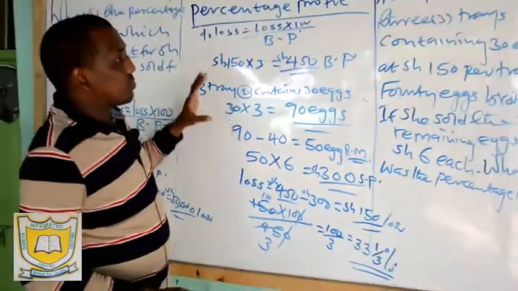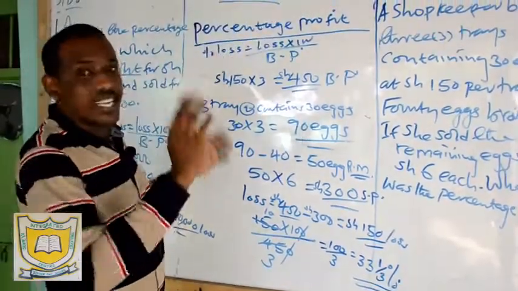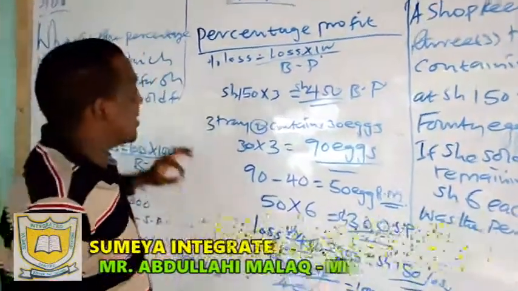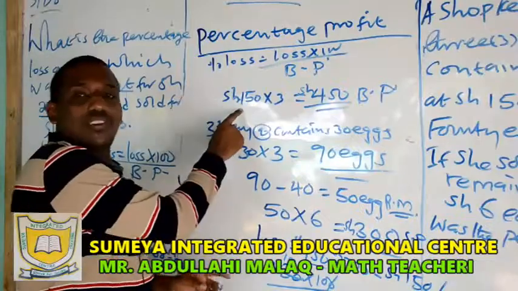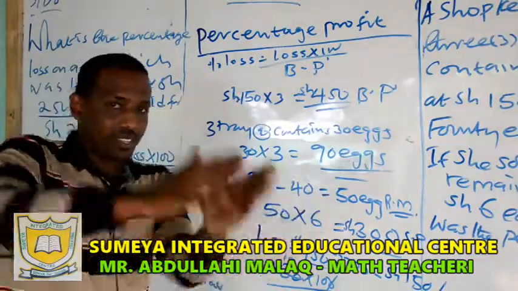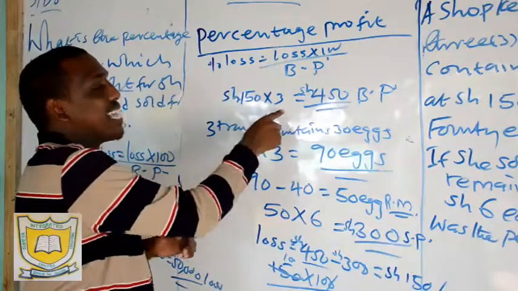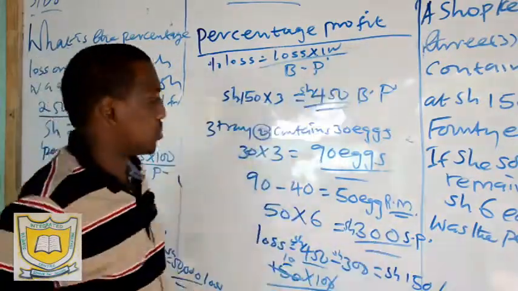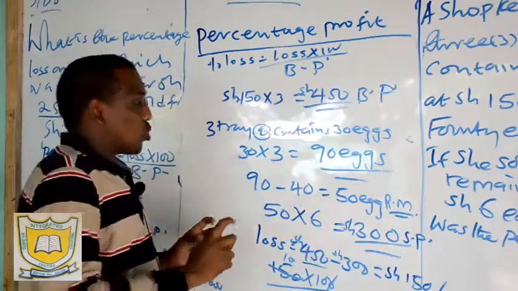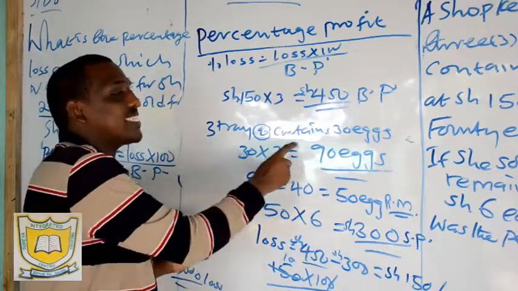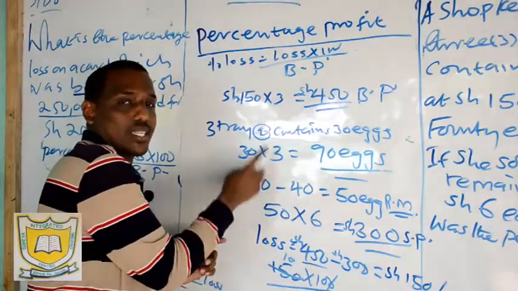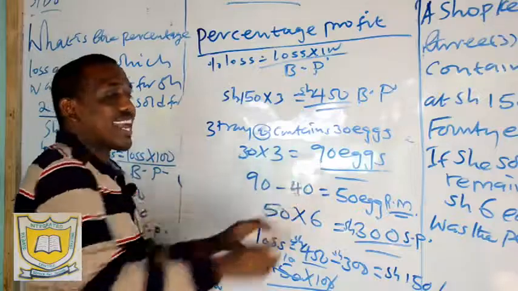This person bought 3 trays of eggs, and remember I said a tray contains 30 eggs. Then you are told shillings 150 per tray. One tray 150, another 150, another 150. So 150 times 3 is 450, the buying price. Now let us get the total number of eggs. 3 trays, each tray contains 30 eggs, so they are 90 eggs in total.